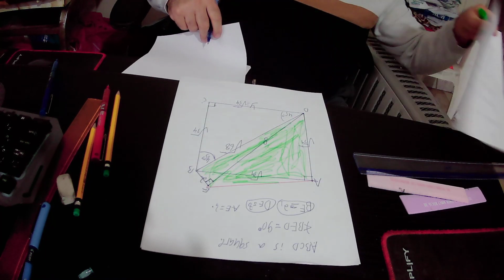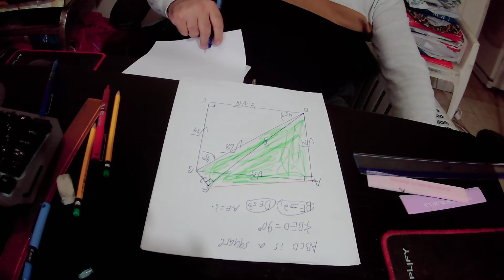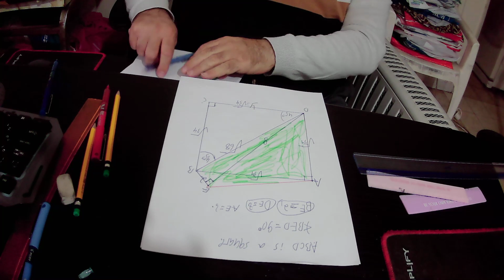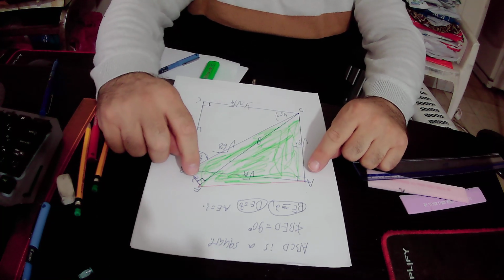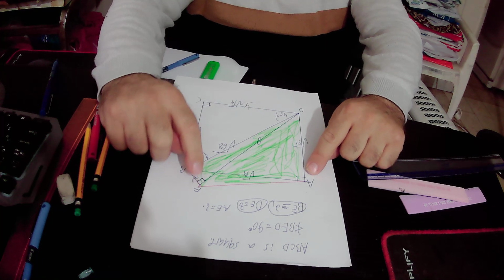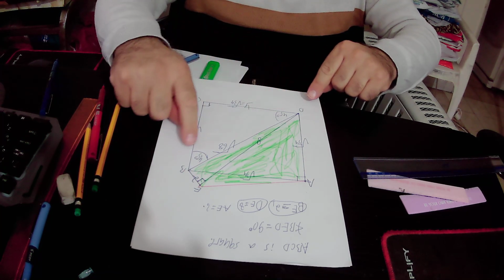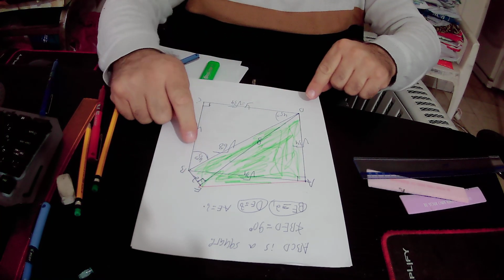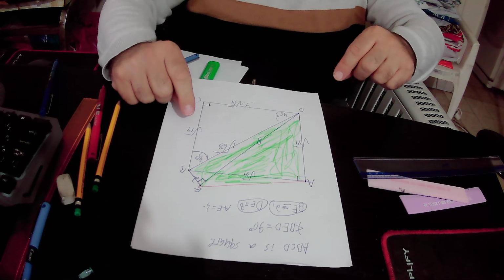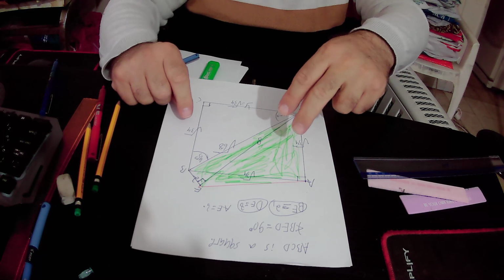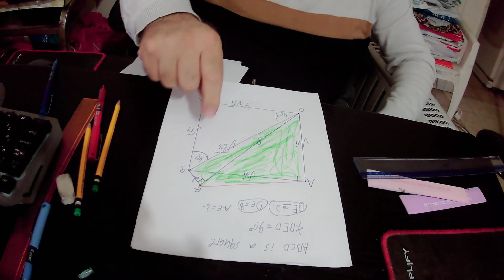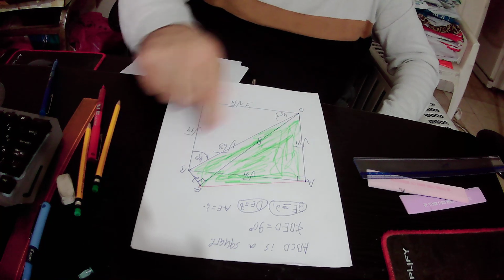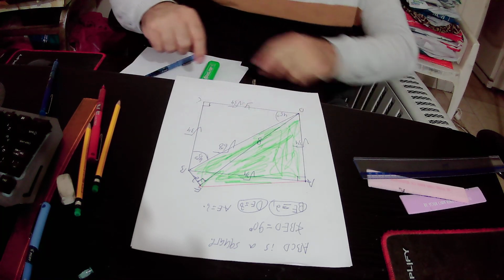I will repeat again. Because of the fact that we have two equal angles, two right angles that are subtended on the same line segment BD, then according to rule number 2, the quadrilateral AEBD in the green color is inscribed by a circle, and the 4 points A, E, B, and D lie on that circle.